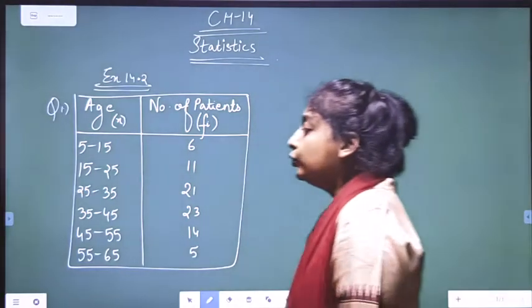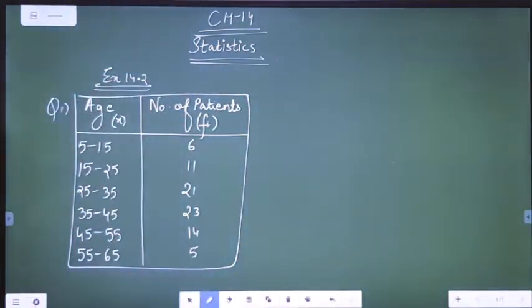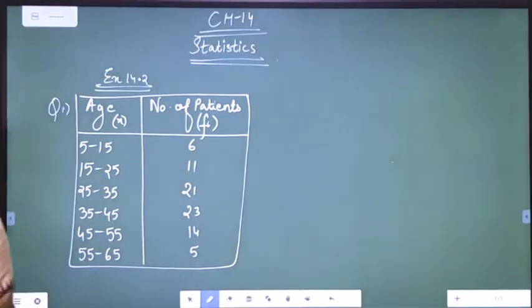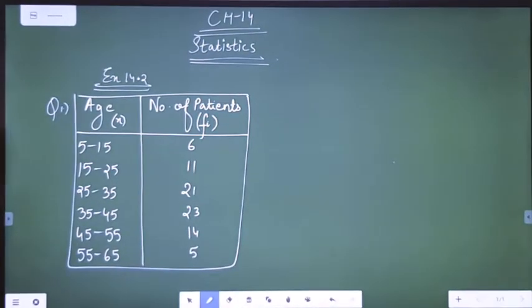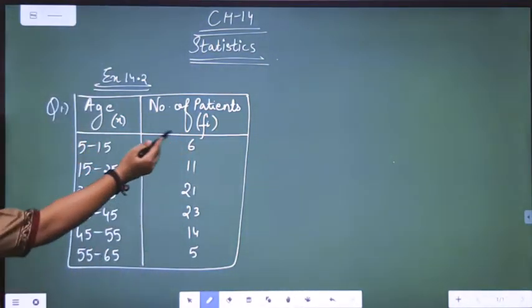Exercise 14.2 is based on calculation of mode of grouped data. When we have ungrouped data, we can easily calculate the value of mode. The particular data value which gets repeated the maximum number of times is known as the mode of that ungrouped data. But whenever we have grouped data, we cannot just look at the table and say which value is maximum.